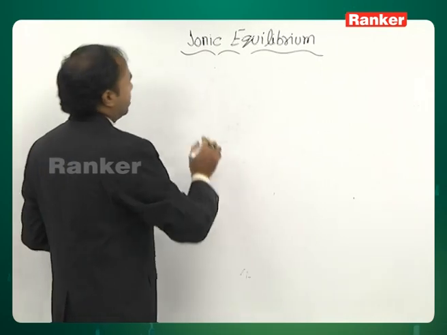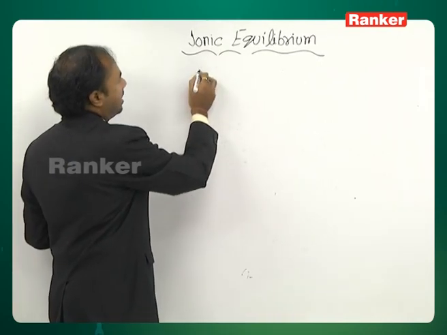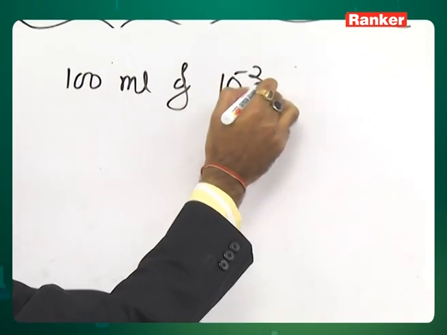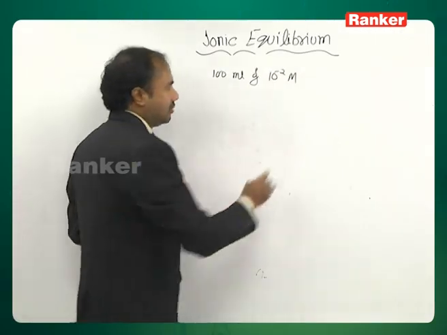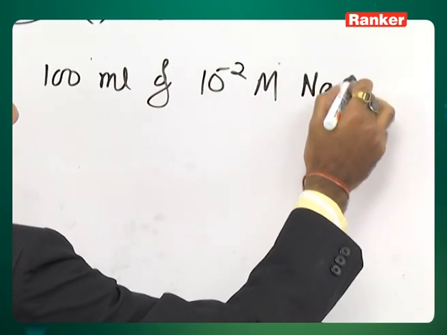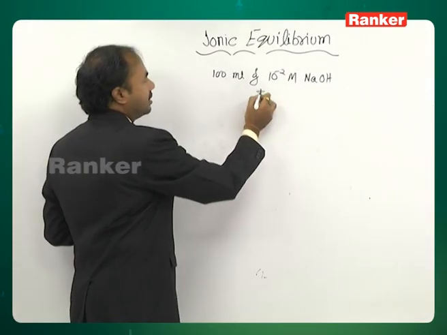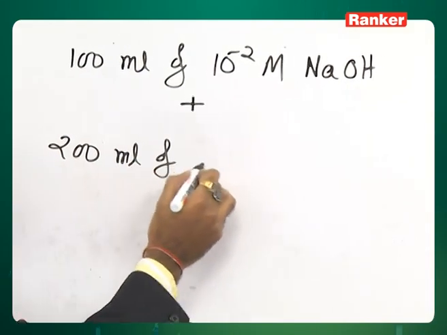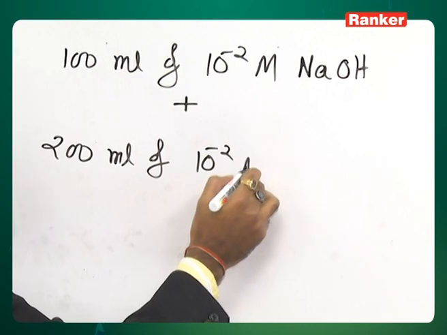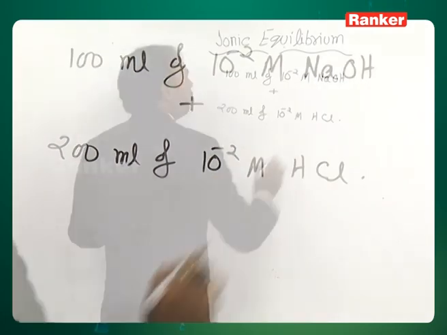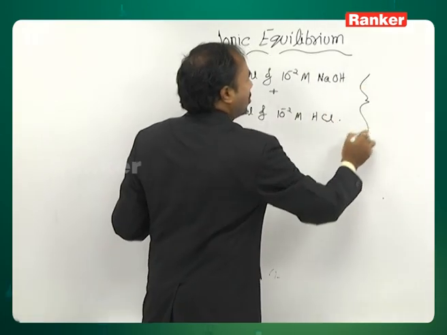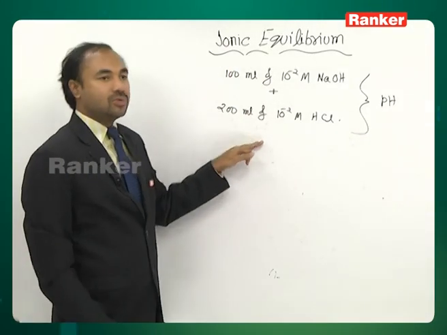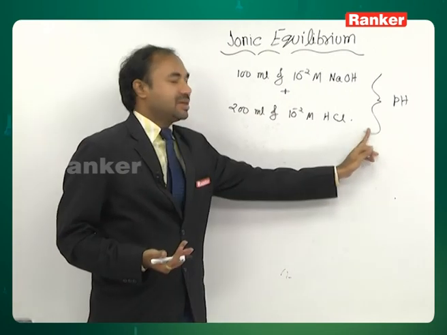Suppose you are given a question that we have mixed 100 ml of 10 to power minus 2 molar NaOH solution with 200 ml of 10 to power minus 2 molar HCl solution. What will be the pH of the resultant solution? We have mixed these two. He is asking you the pH of the resultant solution.